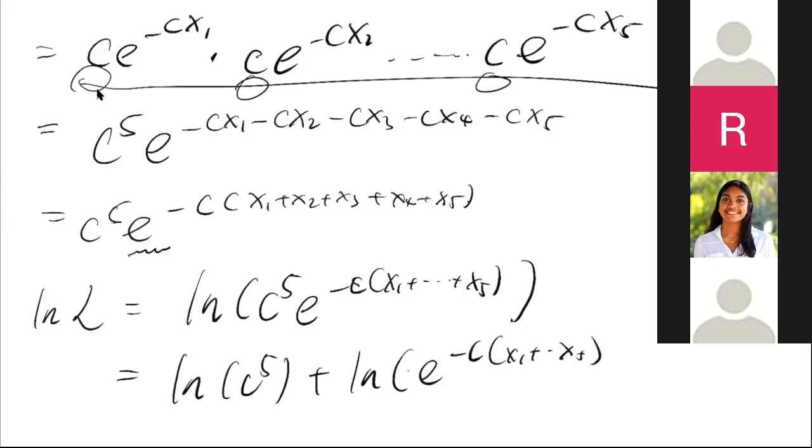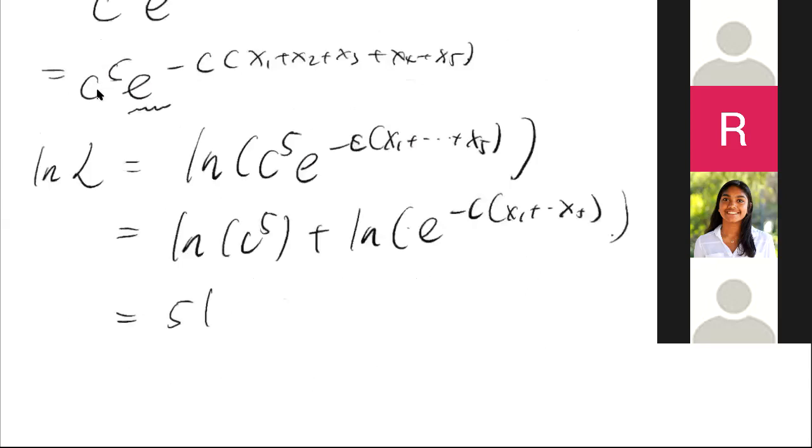By the definition of log, this is 5 times log of c, plus negative c times x1 plus x2 plus up to x5, because the base here is e. Here we're just taking a log, not the first derivative.